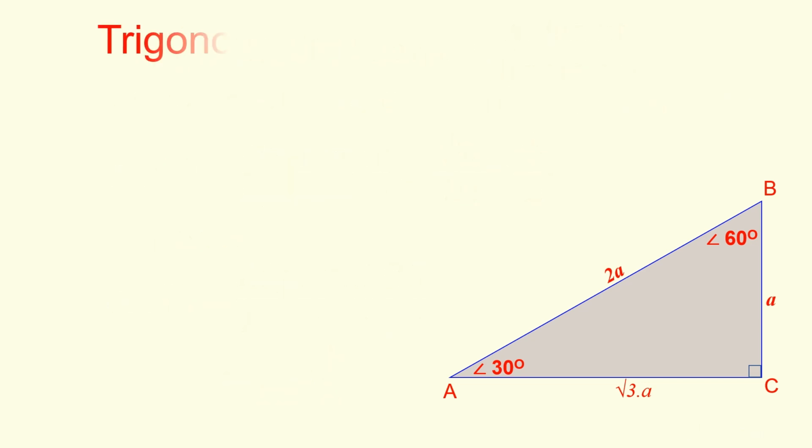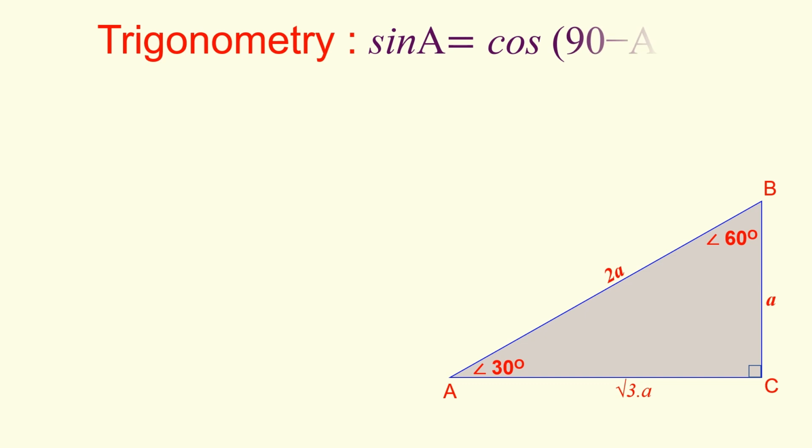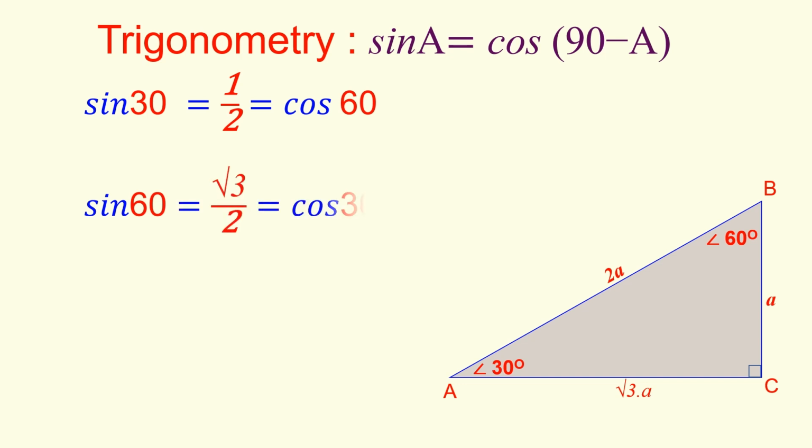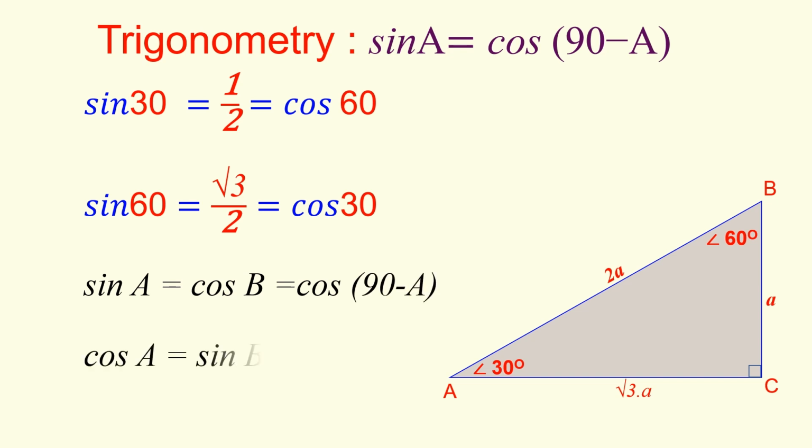Sine of 30 degrees equals 1 by 2 equals cos of 60 degrees. Sine of 60 degrees equals under root 3 by 2 equals cos of 30 degrees. Simply, sine A equals cos B equals cos (90 minus A). Cos A equals sine B equals sine (90 minus A).